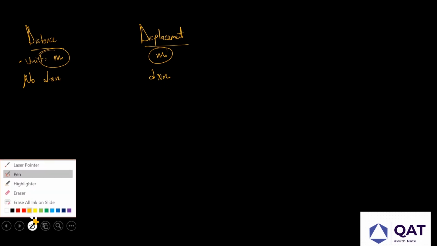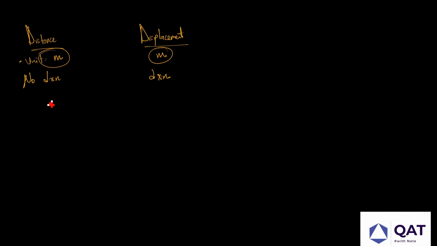For instance, in the example that we have been talking about, the path was like this, and the car started from here and it stopped here. When we talk about distance, we don't care about the direction it traveled. We don't care about the direction in distance.